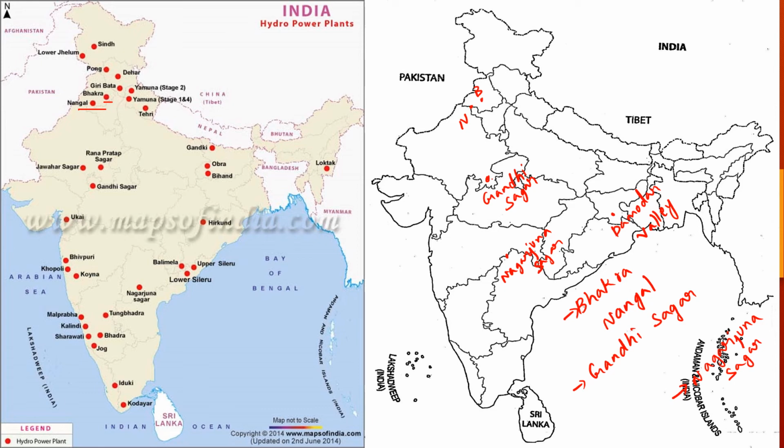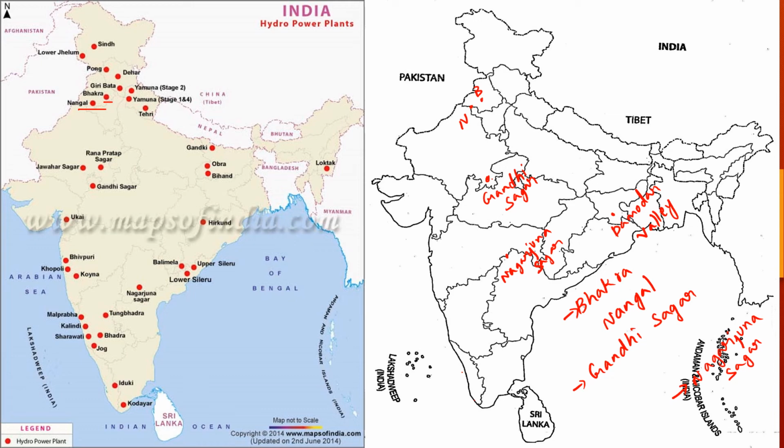Clear. Any doubts on this? Other important places are Idukki and Kodaya, which are in Tamil Nadu. These are also important places. Idukki is in Kerala, so it will be nearby here. Here will come Idukki, and here this Kodaya Dam will come.